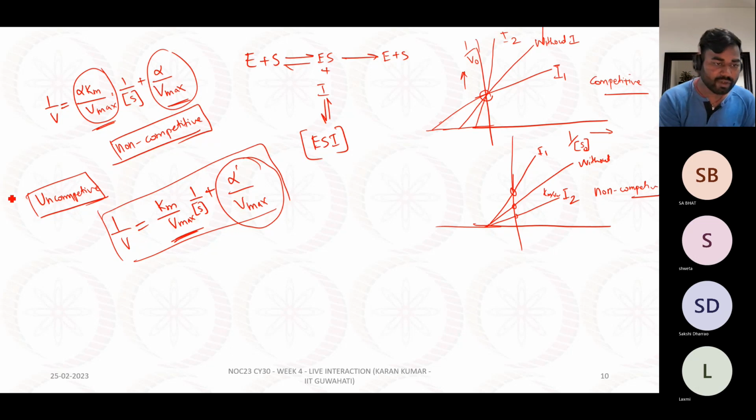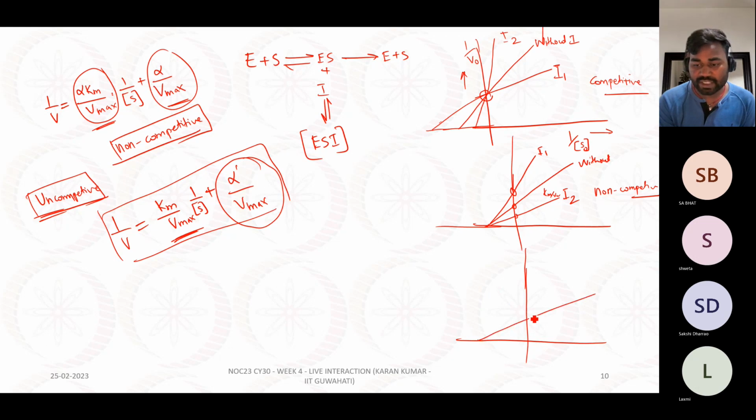However, in case of uncompetitive, only your intercept is changing and your slope is fixed. So if your slope is fixed and your intercept is changing, that means these will be parallel lines.